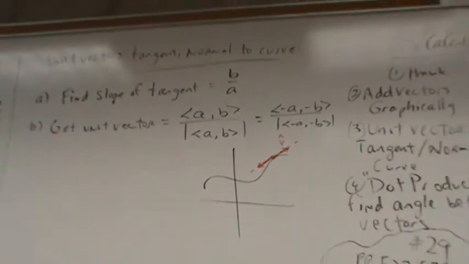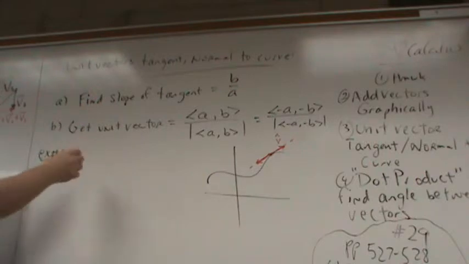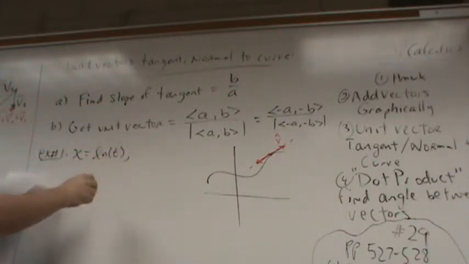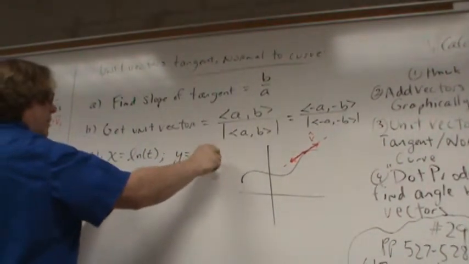Well then, hey, let's go ahead and do one, okay? Here comes example number 1. And I have to say again, this is not that hard. X equals log natural of t, and y equals t squared plus 5.